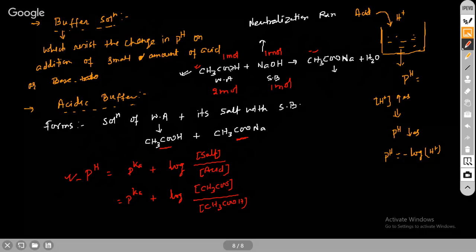Sometimes in the question, they will tell you that this CH3COOH reacts completely with NaOH. We have excess of NaOH present, and that makes the dissociation of CH3COOH possible, and there is no more CH3COOH left. In that case, you will use the formula of the neutralization reaction, where the weak acid reacts with a strong base.